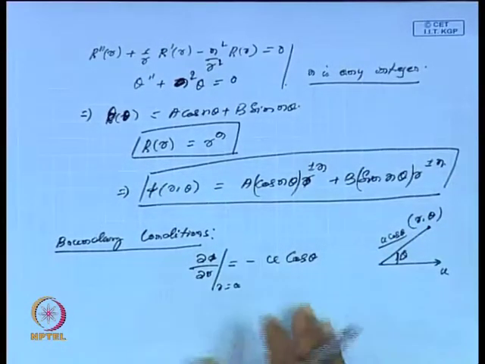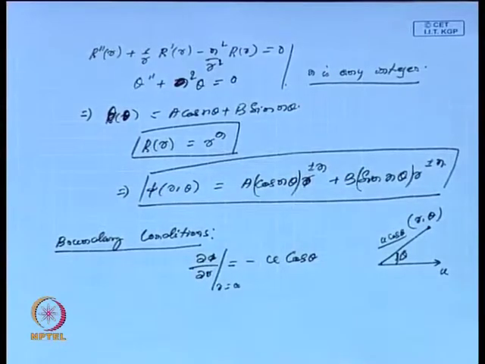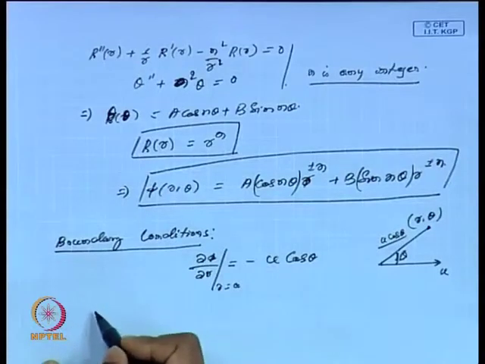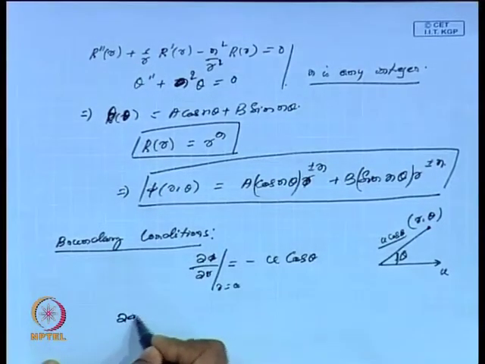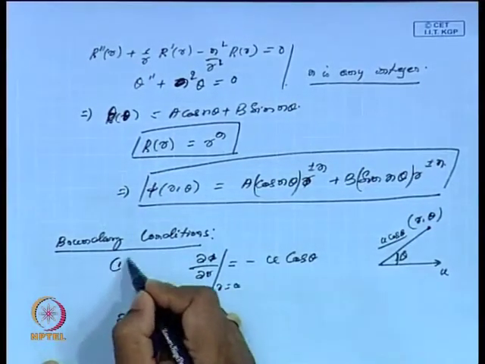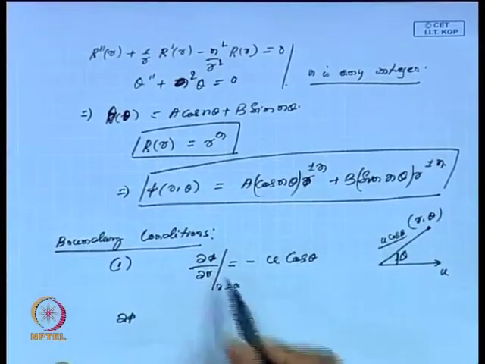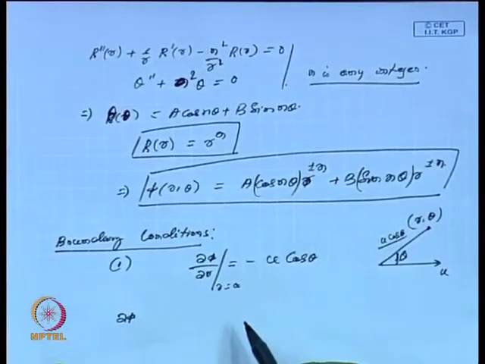Since I am talking of a fluid which is at rest at infinity, that means my velocity component del phi by del r, this is one condition. Again, this is because the cylinder is moving with the speed u in the horizontal direction.